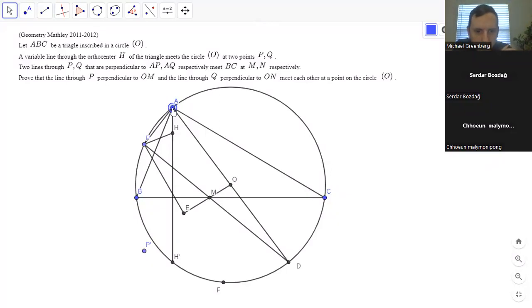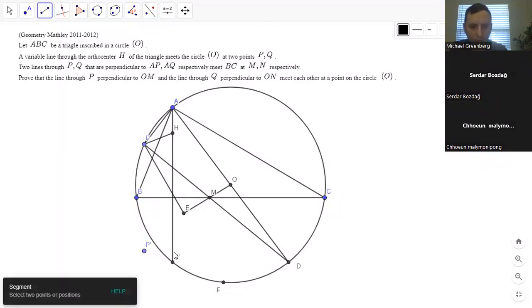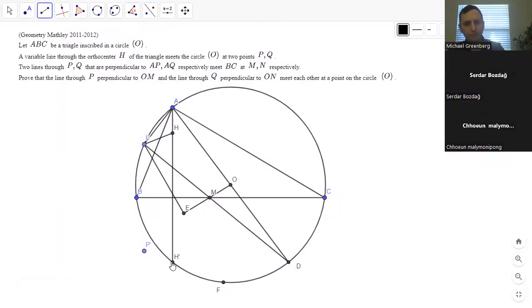All right, let me think. So it's the same as showing that angle PHA equals angle AH prime F. There's a couple ways we could do this. Can you draw EF? You can do it in reverse.